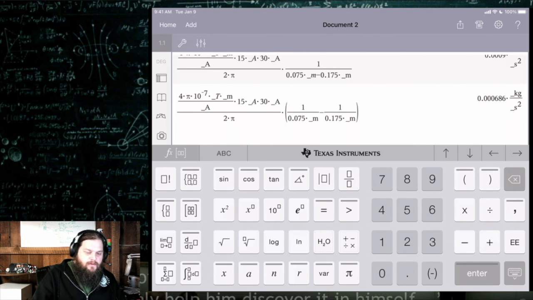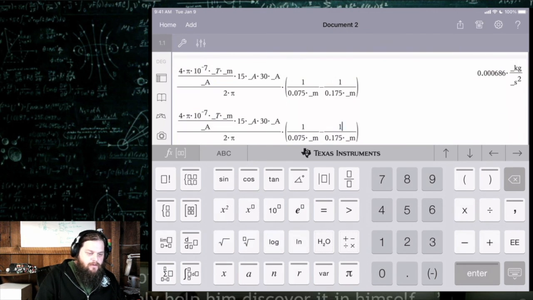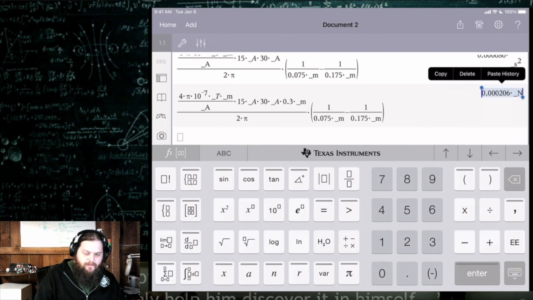That's what it was. Whoopsie. So I need to multiply by the length here, 0.3 meters. That's better.